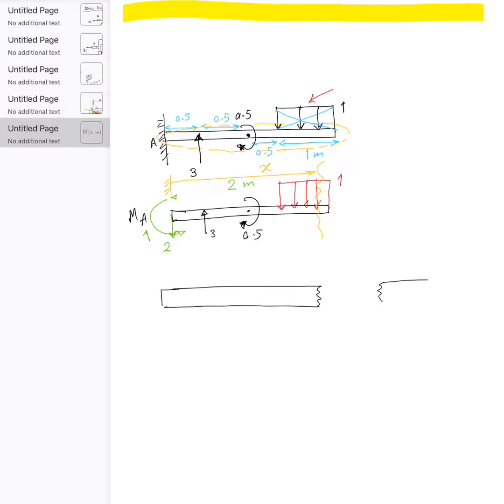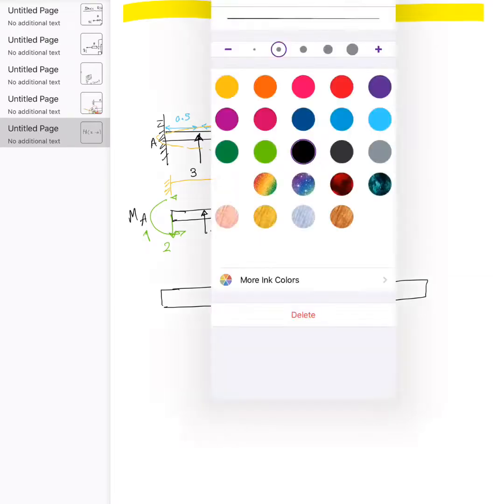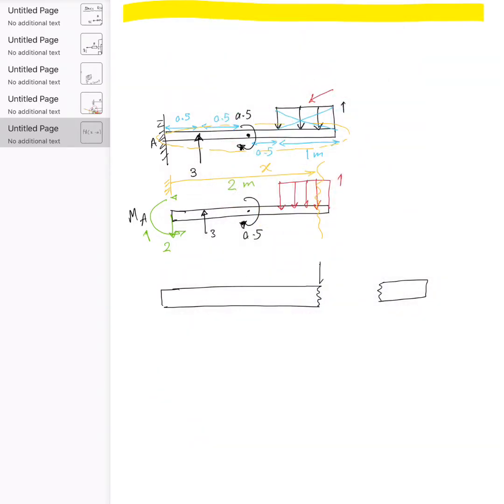This is the one on the right. Well, I just want to draw it to show you how the distributed load is cut. So here, let's just do everything in black. So here is a part of the distributed load, and there is another part remaining on the right.